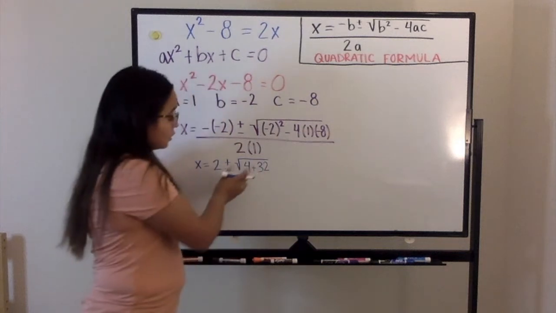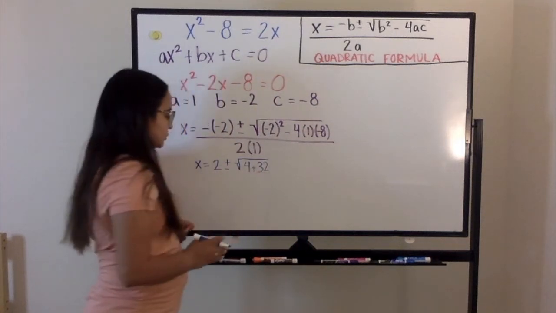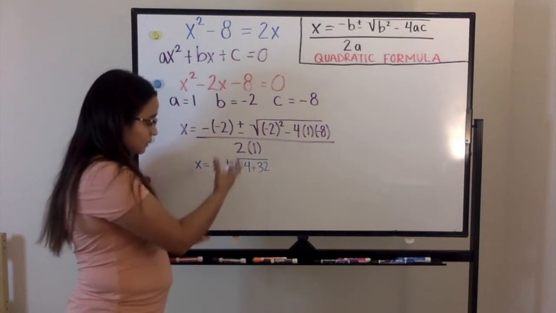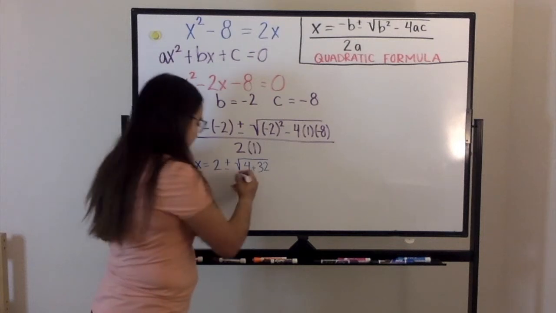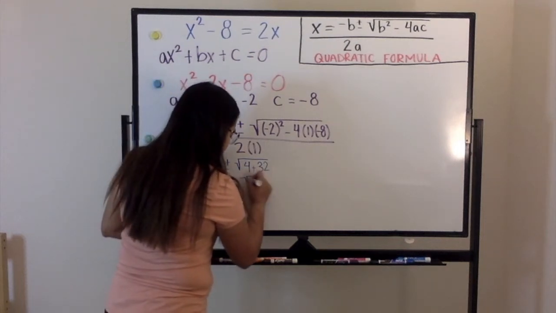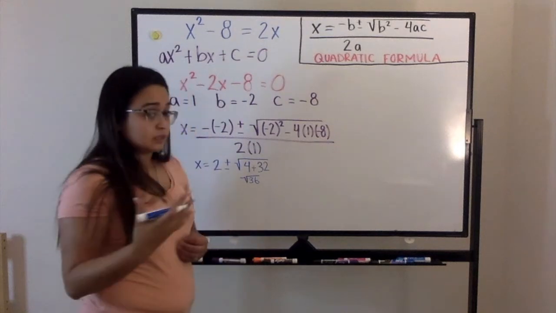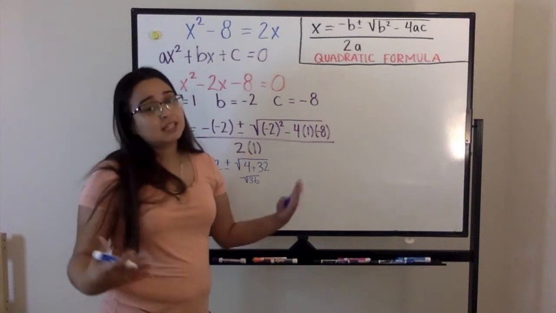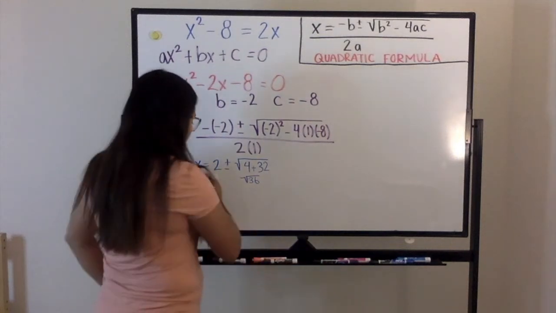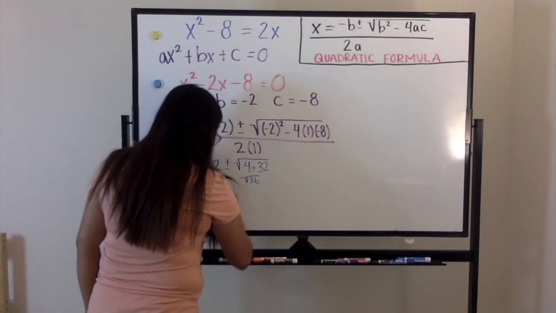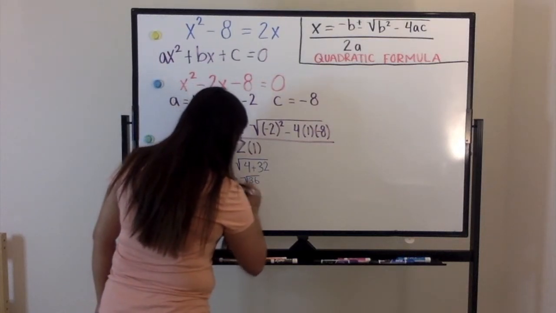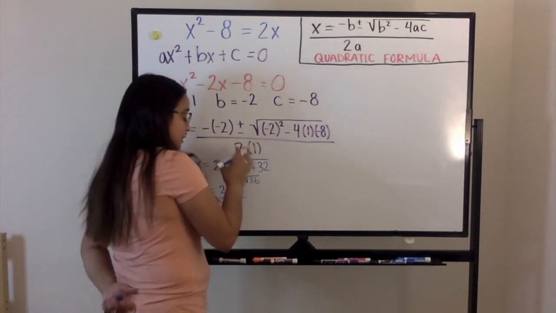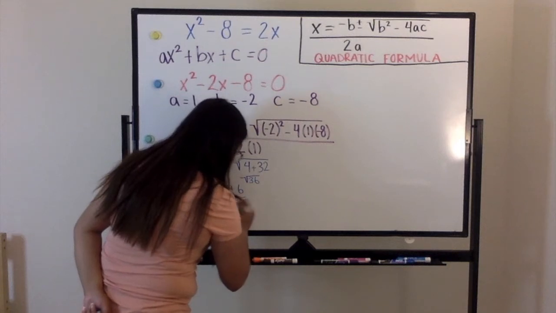Now, we are left with 4 plus 32 for inside of our square root. 4 plus 32 is 36. And we know that the square root of 36 is 6 because 6 times 6 equals 36. So we have 2 plus or minus 6 over, you have 2 times 1, so 2.